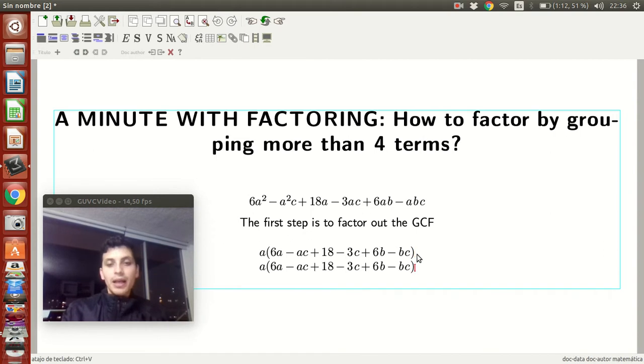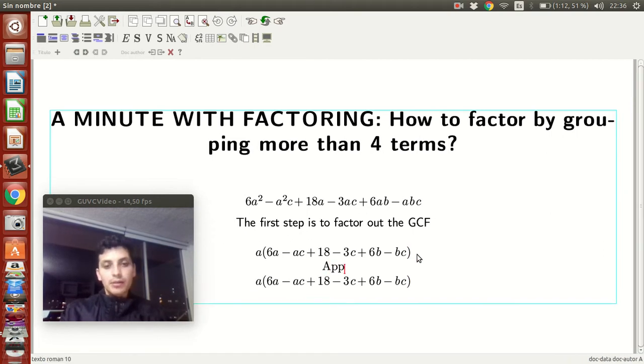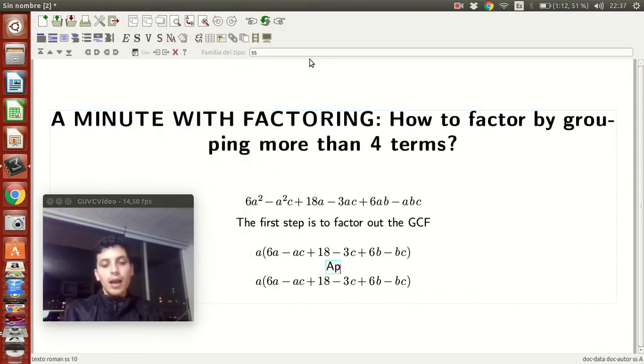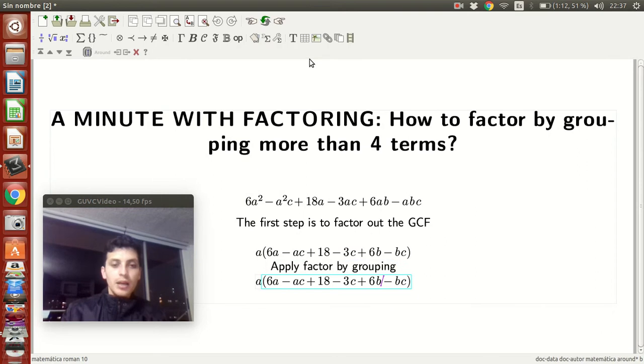We're going to apply factor by grouping. So apply factor by grouping. And we're going to factor per group.